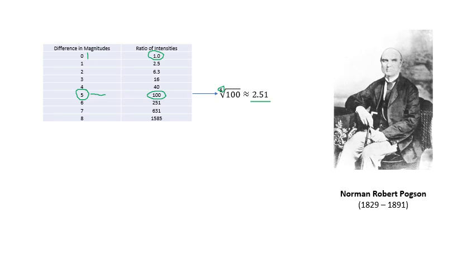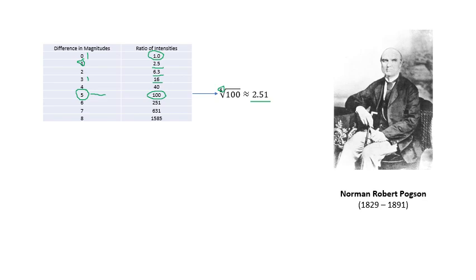That is to say that one magnitude difference between objects would be a ratio of intensities of about 2.51. 2 magnitudes difference would be 2.51 squared. 3 magnitudes difference would be 2.51 to the power of 3, which is 16, and so on. And so that allows us to establish a scale. You've just always got to remember, though, that the scale is backwards. So the brighter object has a smaller value of magnitude.